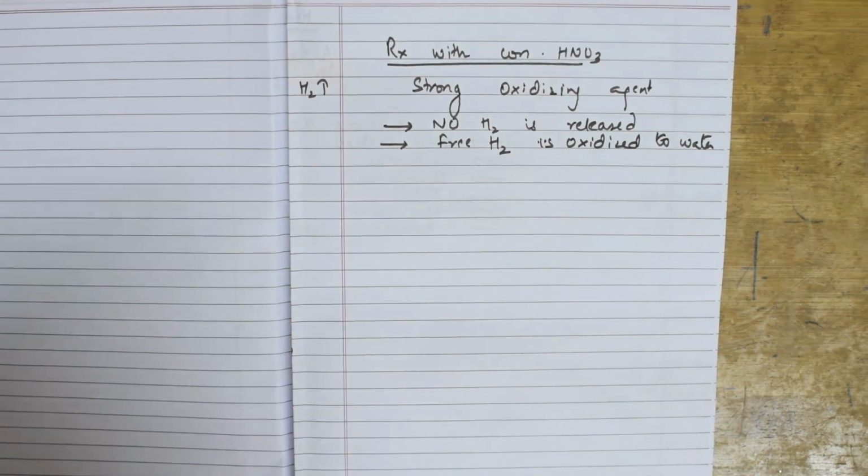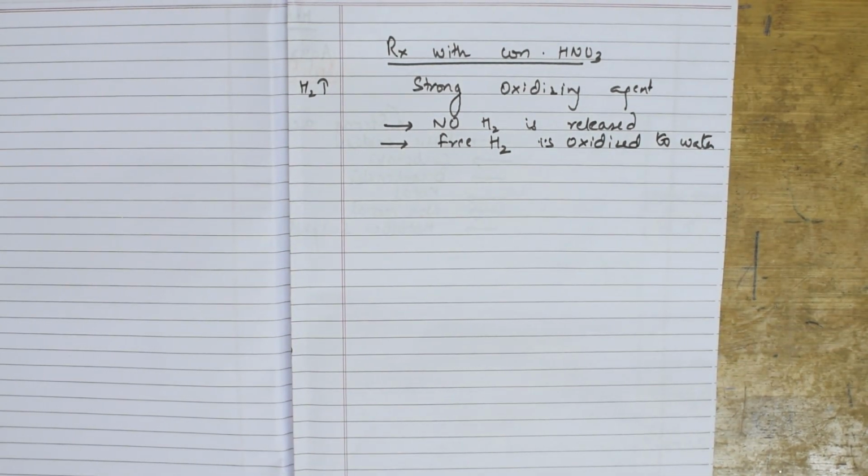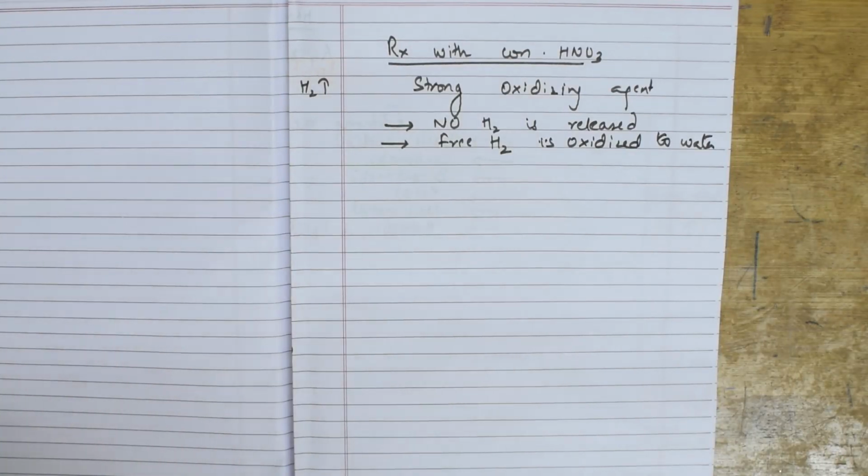Let us write some reactions and see. Suppose, as I told you, there are 2 different products which are formed. One is nitrogen dioxide, and we also have nitrous oxide. Correct? Let's write.